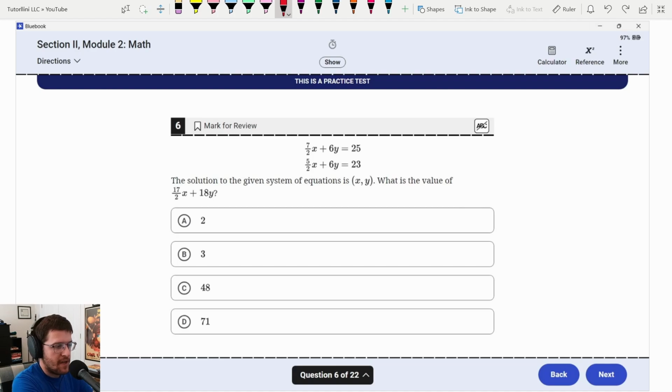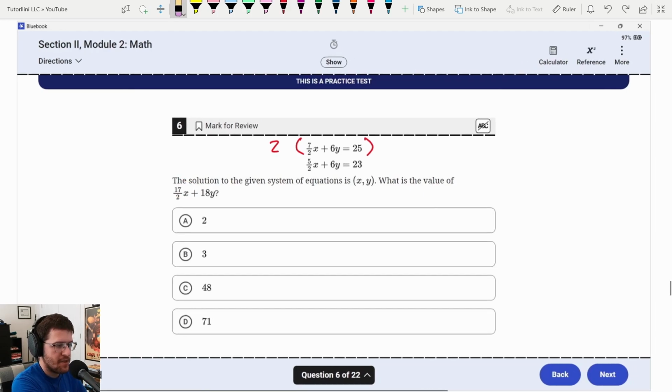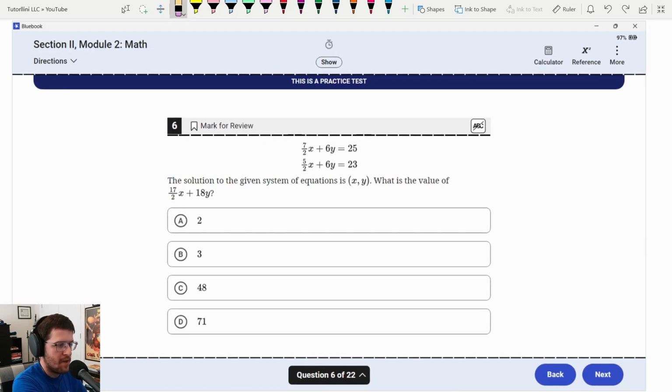Well, if I multiply the top one by 2, I will get 18y when I add them, but I'll get 14 halves plus 5 halves, which is 19 halves x, and we want 17 halves x. So I'm thinking, this is just mostly a hunch, but I'm thinking we should multiply this bottom equation by 2.